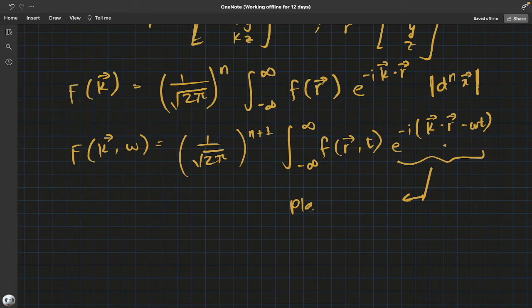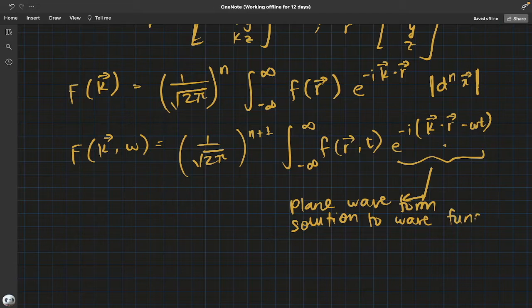this entire thing is the plane wave form, or the functional part of the solution to the wave equation in n dimensions. A forward moving wave will have a minus between the position and the time parts. A backward moving wave will have a plus there.